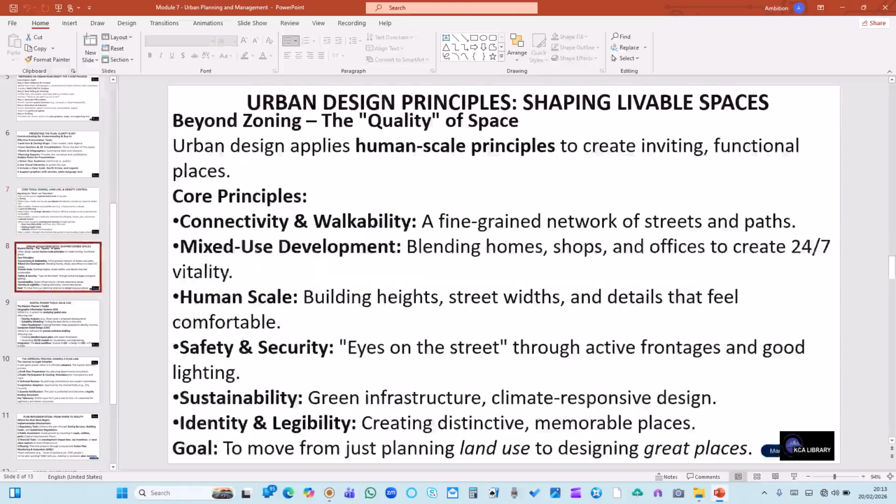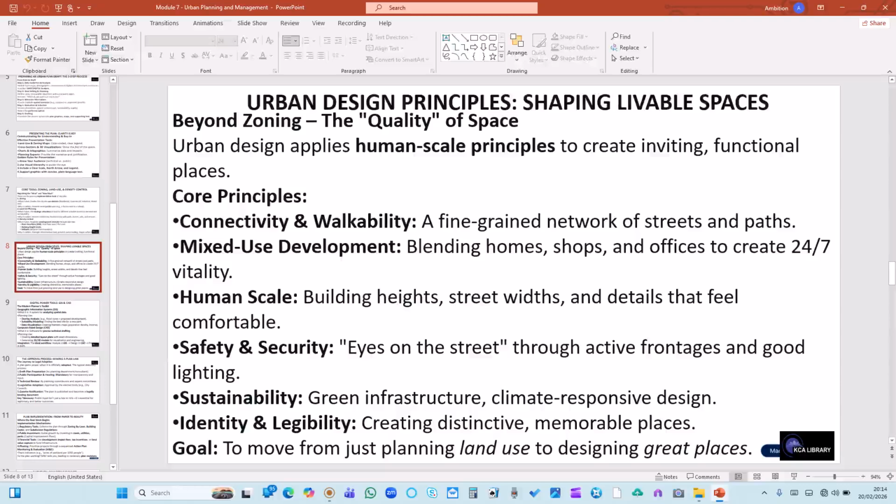cities. Having known that, let us look at urban design principles, which is shaping livable spaces. It involves going beyond zoning to the quality of space. Therefore, urban design applies human scale principles to create inviting, functional places. The core principles of urban design include one, connectivity and walkability.